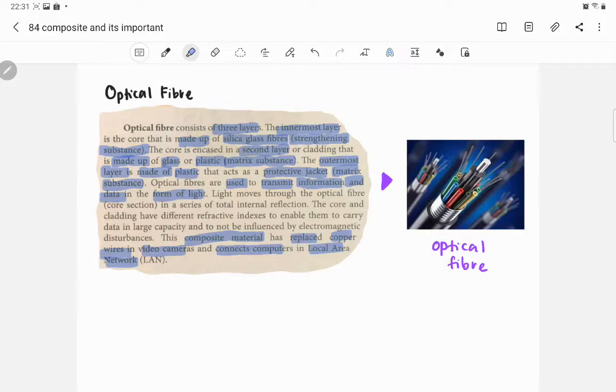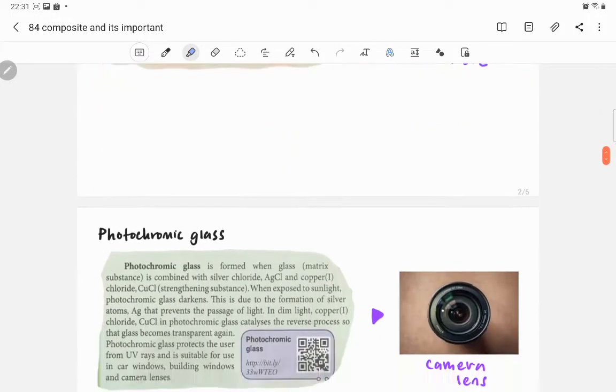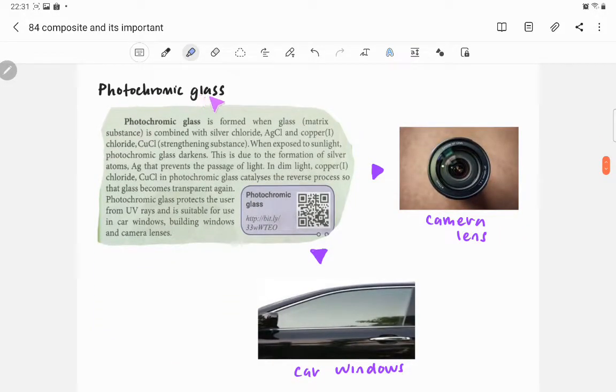Alright, so we proceed with the next composite material, which is photochromic glass. Okay, so what is photochromic glass? How is photochromic glass formed? Photochromic glass is formed when glass as a matrix substance is combined with silver chloride.